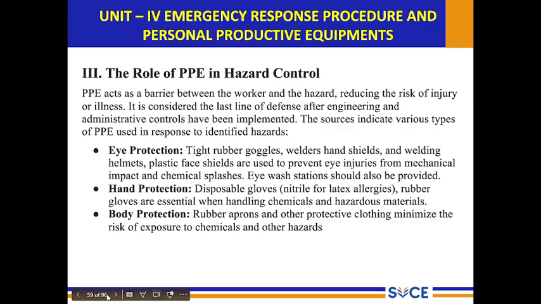Then comes the role of PPE in hazard control. That will be the third subtopic of our study, and the importance of PPE. The role of PPE will be the next topic.